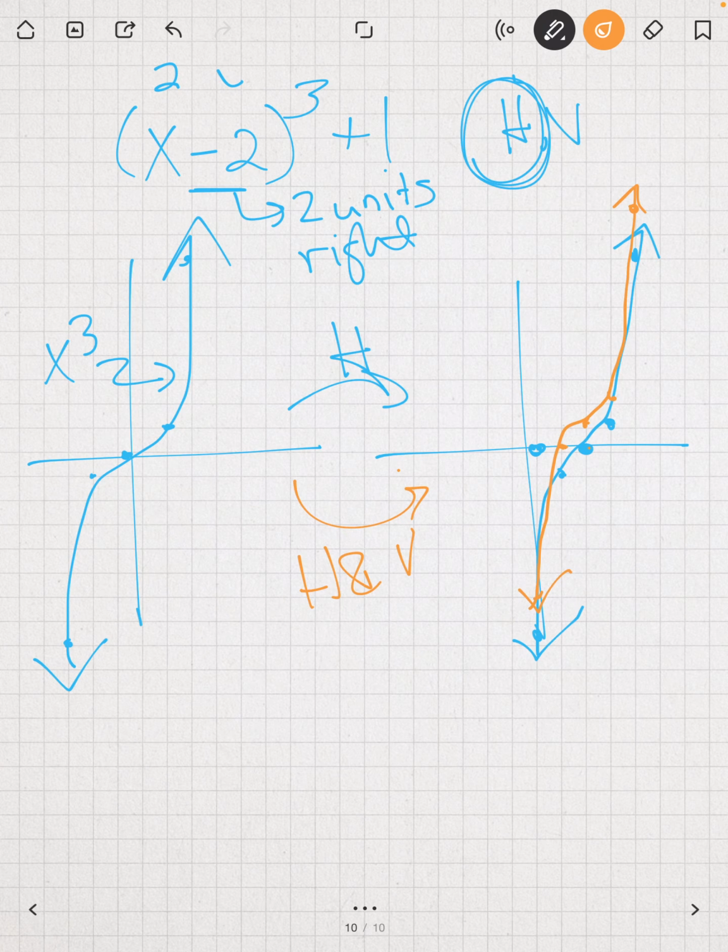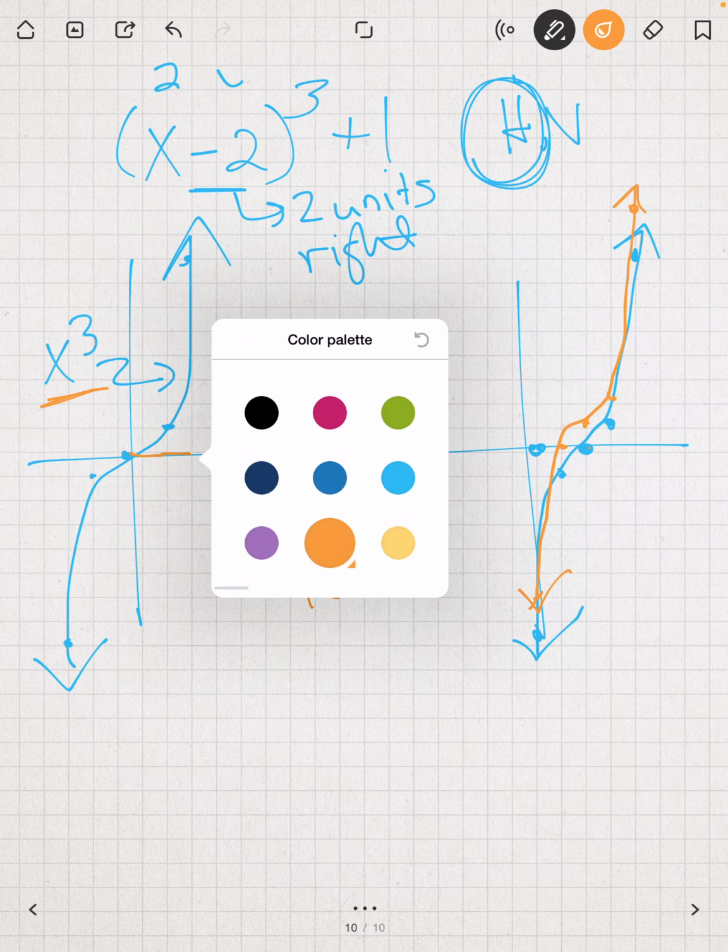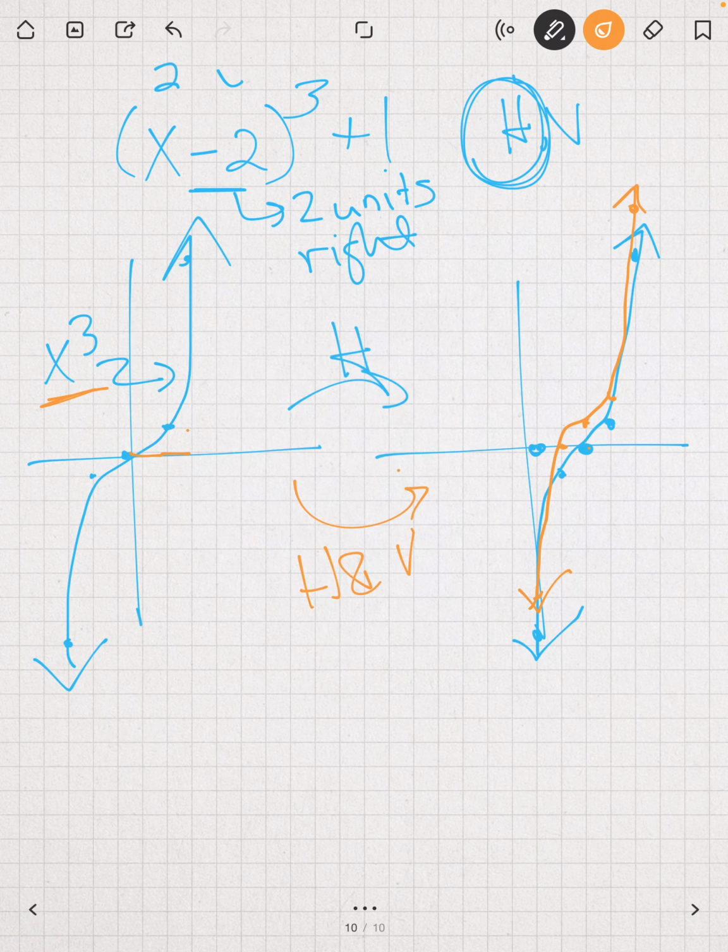So we took this original graph, x cubed, we moved it 2 to the right, 1, 2, and up 1. So it looks something like that. Good.